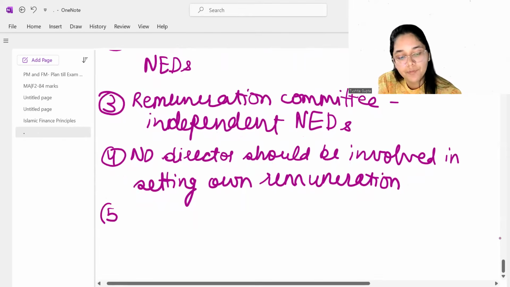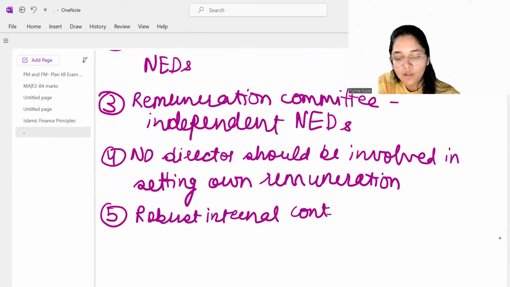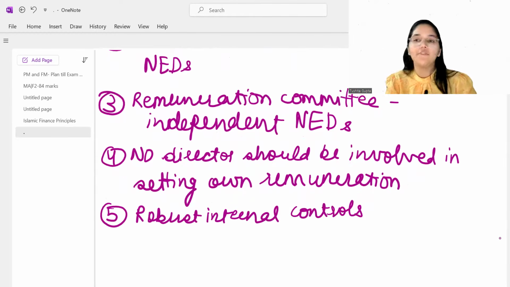Then the fifth point, the last point that we have, is that the company should have robust internal controls. Perhaps if you have studied the audit exam already, you would have a very good idea of what internal controls are. For those of you who have not yet, internal controls are basically a system of checks and balances that a company imposes within the organization.